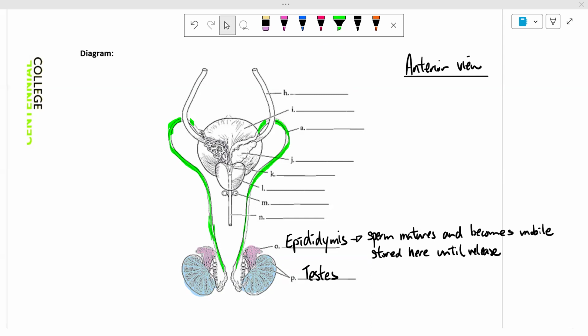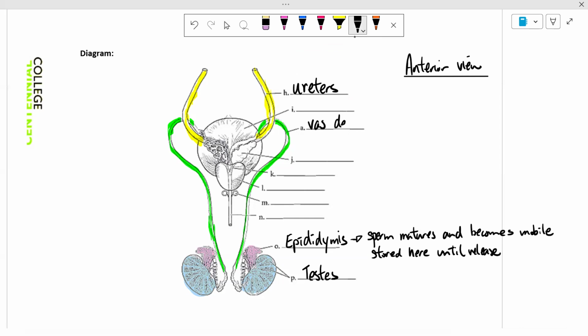Good try. Ureters are actually up here in H. Why don't we label those first? Ureters. Right, these are the vas deferens.